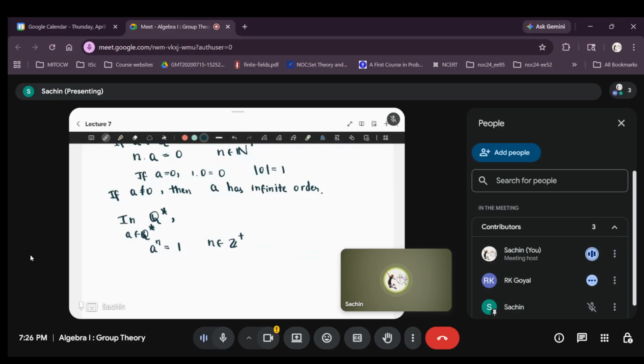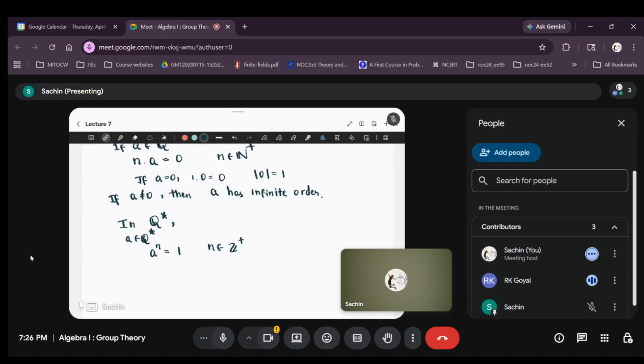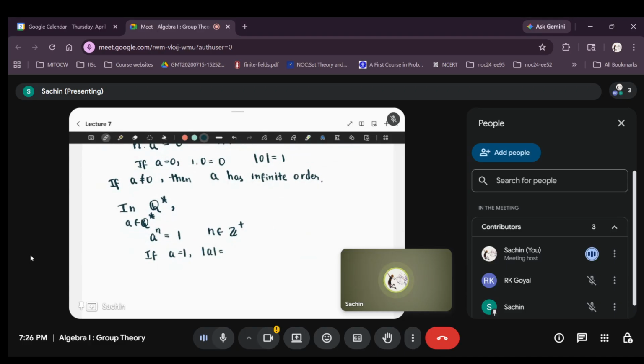But we are only dealing with rational numbers. So there's just one rational root of the nth root of 1. One more element has a finite order.